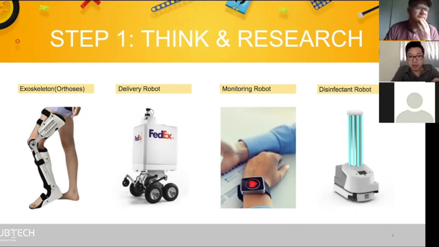And then number 3, monitoring robot. This type of robot doesn't really need a shell or a physical appearance. You can think of it as wearable technology. You can have, let's say, a wristband or a watch-type device connected to your wrist. It'll detect your heart rate and maybe blood pressure.